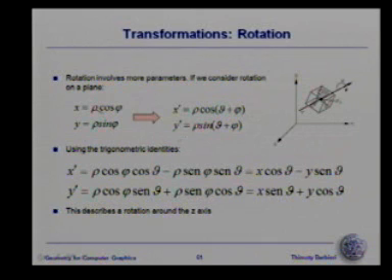You can use trigonometric identities to separate the x and y contributions. This goes to rho cos phi cos theta minus rho sin phi sin theta, but rho cos phi is x and rho sin phi is y, so you can rewrite it as x cos theta minus y sin theta, etc. Same thing for y over here.